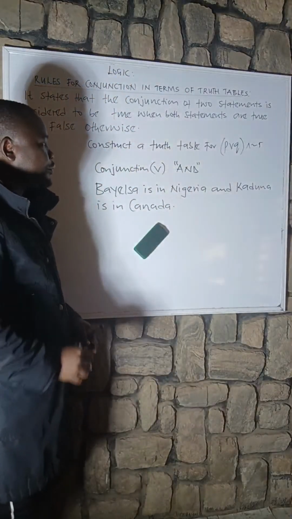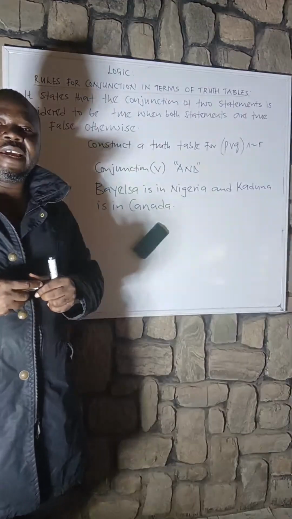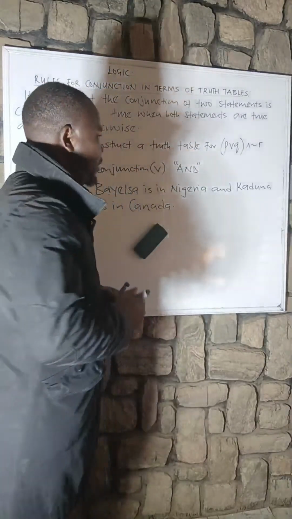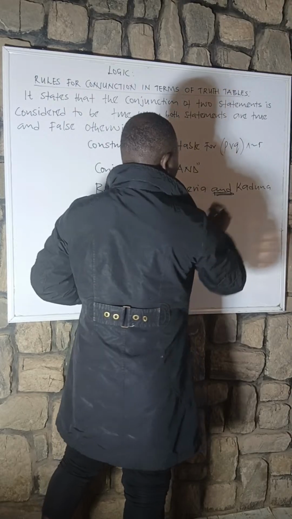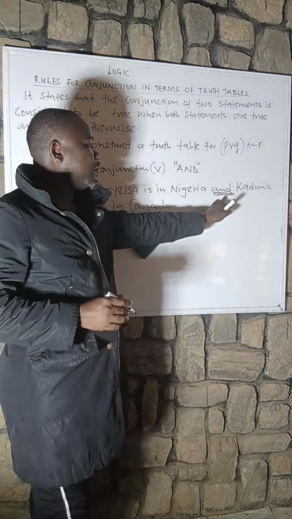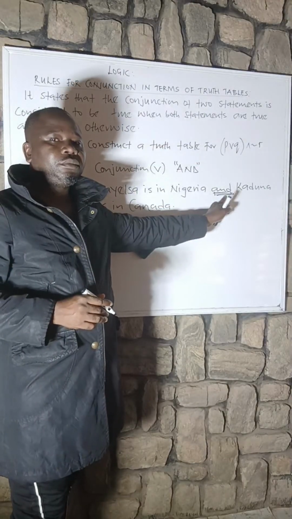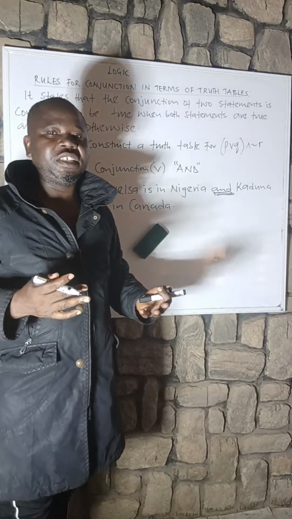Can you see now? So if we want to find the conjunction of this statement, look at it here. The and. Please take note. Is that clear? So it combines two statements together.